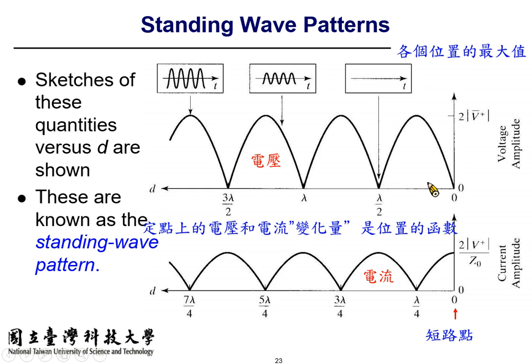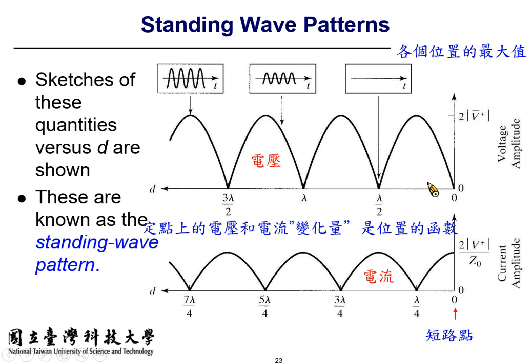Then the energy stored in the electric field becomes energy stored in the magnetic field. And this process will continue alternately as long as there is no loss on the transmission line.